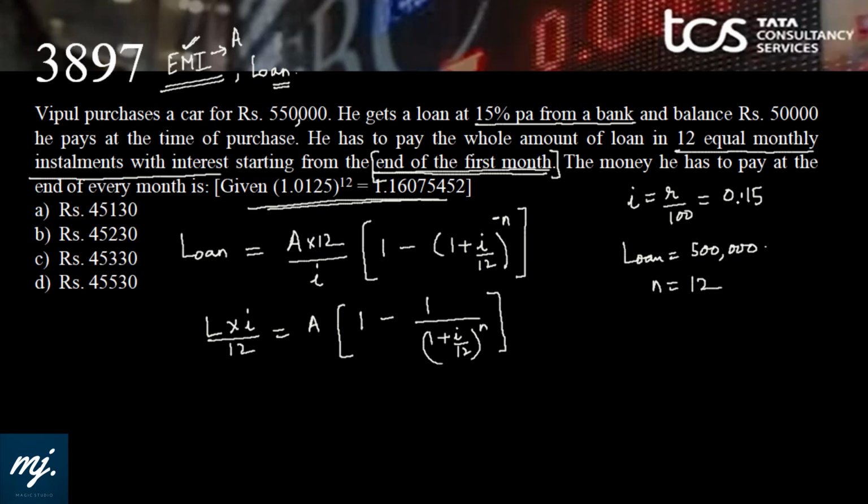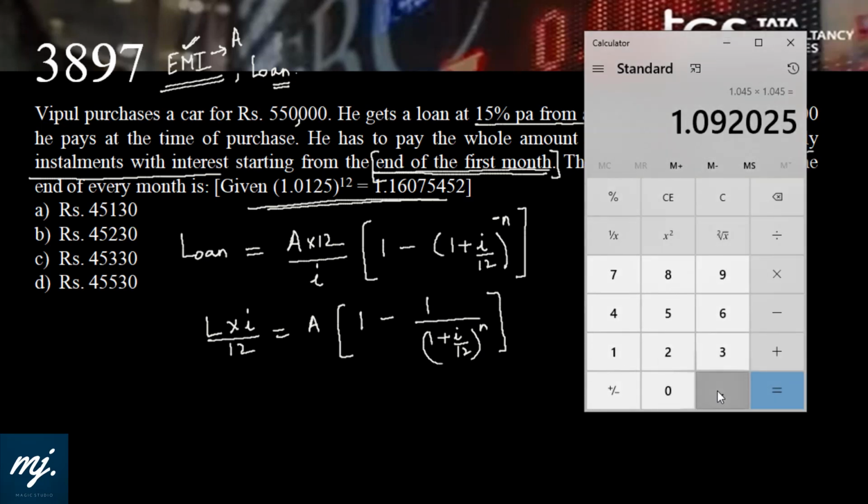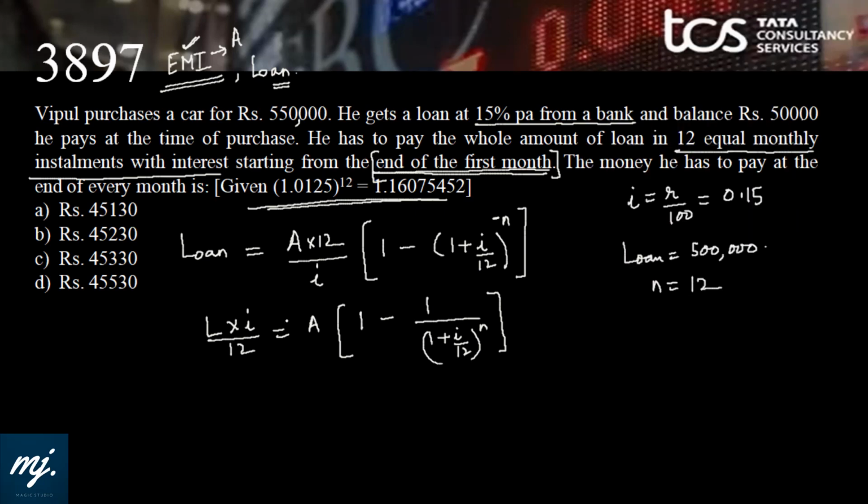How much is I by 12? 0.15 divided by 12 is nothing but 0.0125. That means 1 plus I by 12 is 1.0125, and to the power 12 the value is already given.